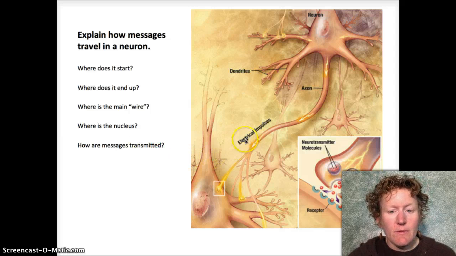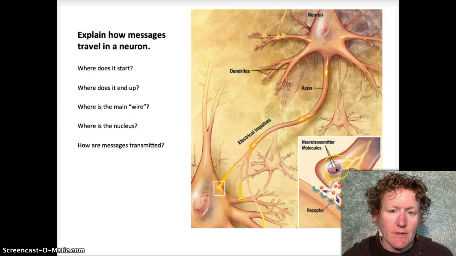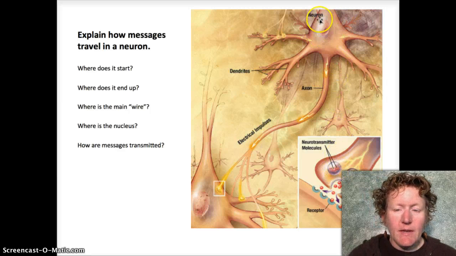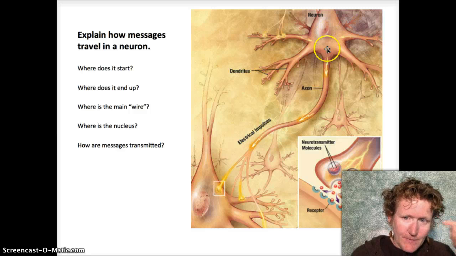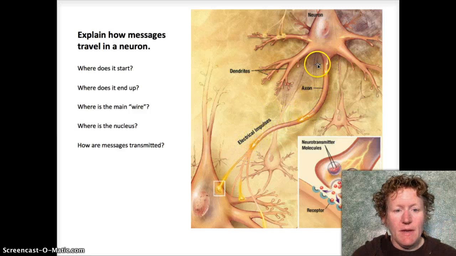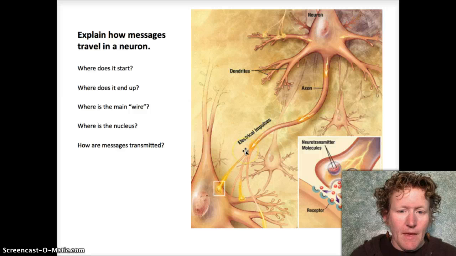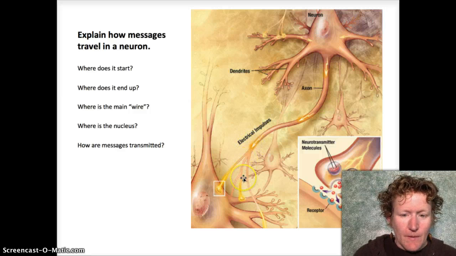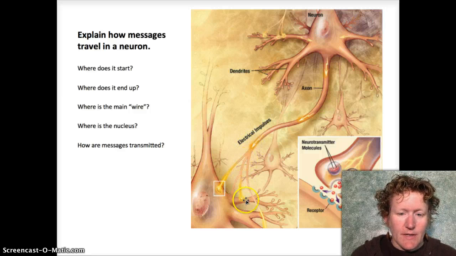Messages are transmitted through electrical impulses that then trigger neurotransmitters. The main cell body is here. The axon is kind of the main wire, and it travels to the dendrites here.